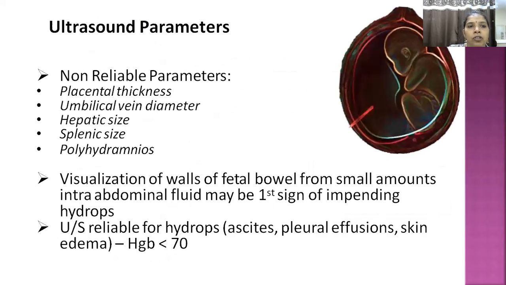Non-reliable parameters are placental thickness, umbilical vein diameter, hepatic size, splenic size, and polyhydramnios. Visualization of the walls of the fetal bowel from small amounts of intra-abdominal fluid may be the first sign of impending hydrops. Ultrasound is reliable for hydrops, ascites, pleural effusion, and skin edema. Hemoglobin is less than 70 grams per liter.